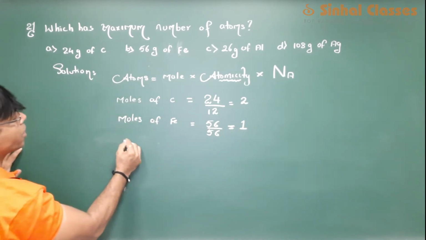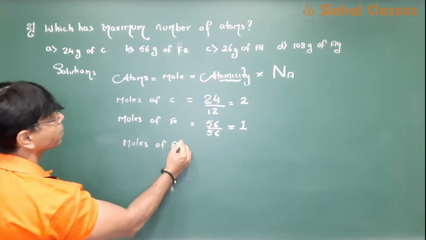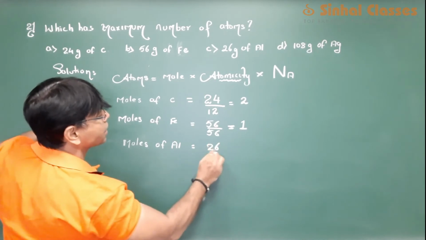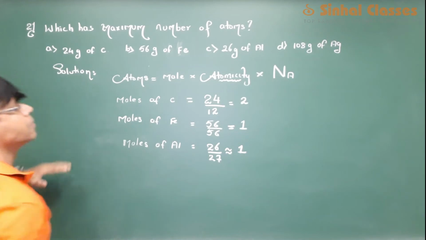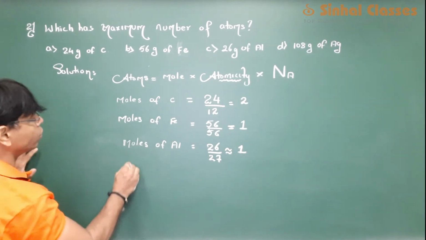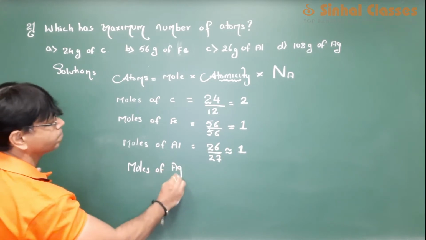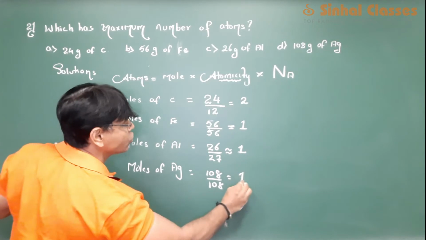Moles of aluminium is 26 divided by 27, that is approximately 1 only. Moles of silver is 108 divided by 108, so 1.